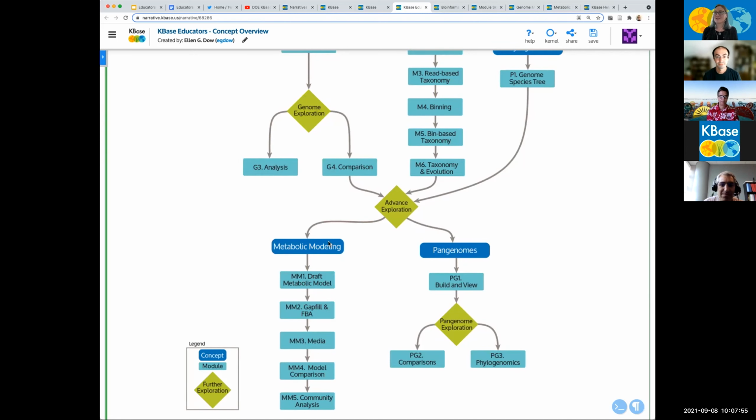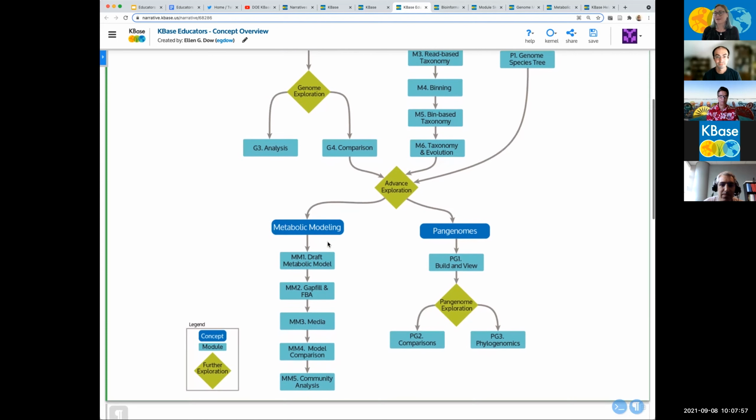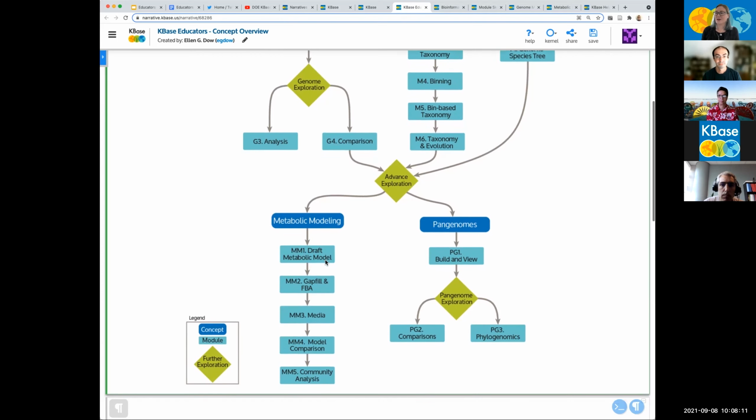Each of these workflows are broken down into modules that adapt the narrative. The narrative interface itself, we've used each narrative to translate as a single module. And each of these modules addresses a different topic within the concept workflow.